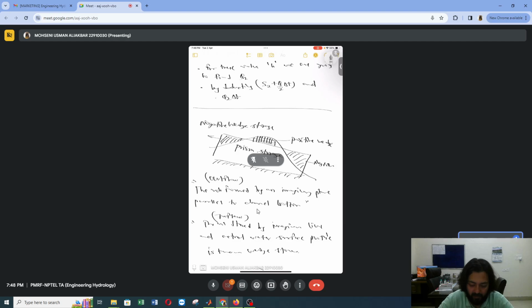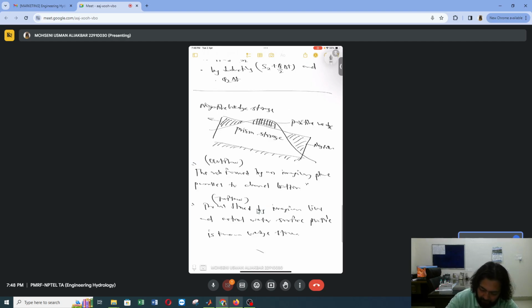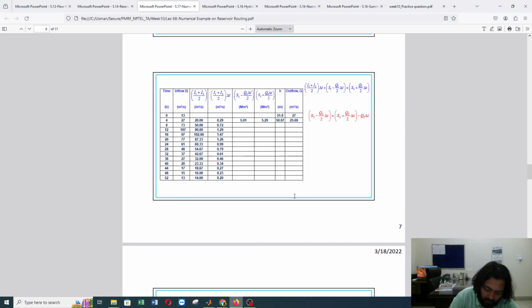So we can calculate this equation as, the value that we want to find, S2 minus Q2 delta T by 2, would be equal to S2 plus Q2 delta T by 2 minus Q2 delta T. So this value is 5.29 minus 25.69 into 4 into 60 into 60 divided by 10 to the power of 6.